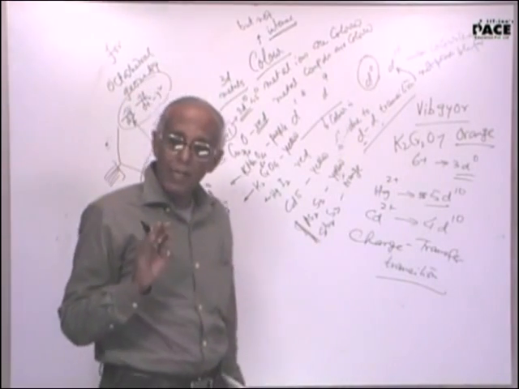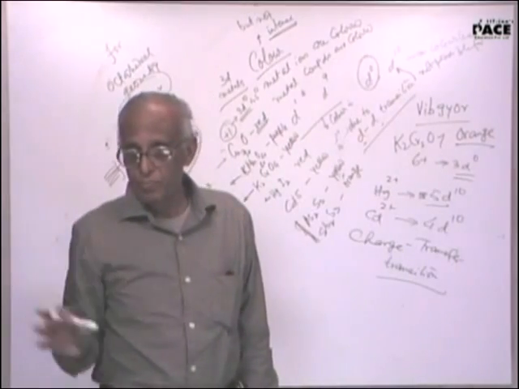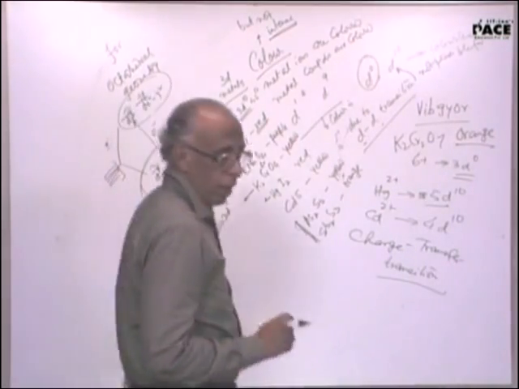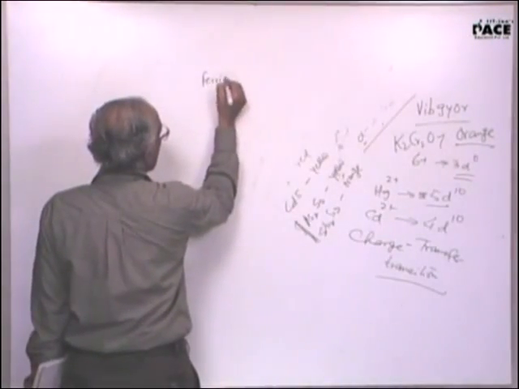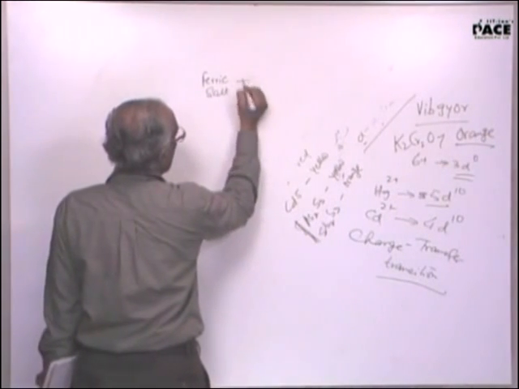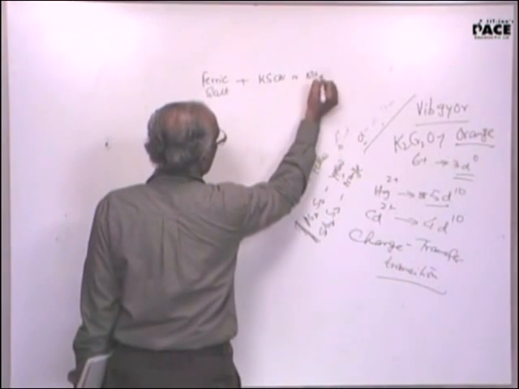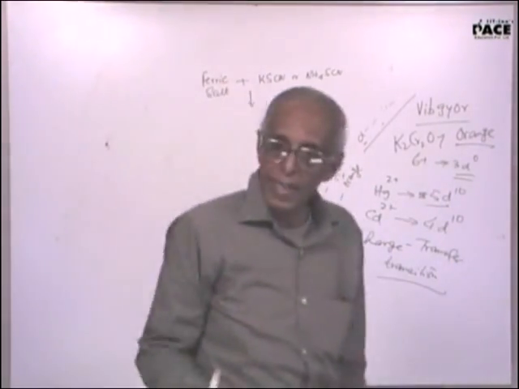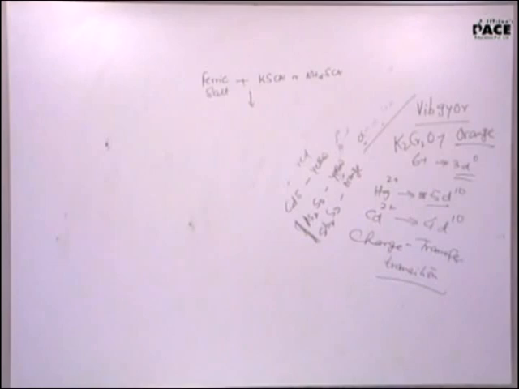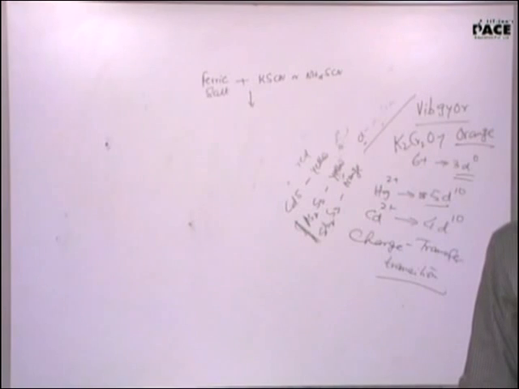Now I said that they will show color, but not intense color, for d1 to d9. For example, take a ferric salt, ferric chloride, and add ammonium thiocyanate or potassium thiocyanate.